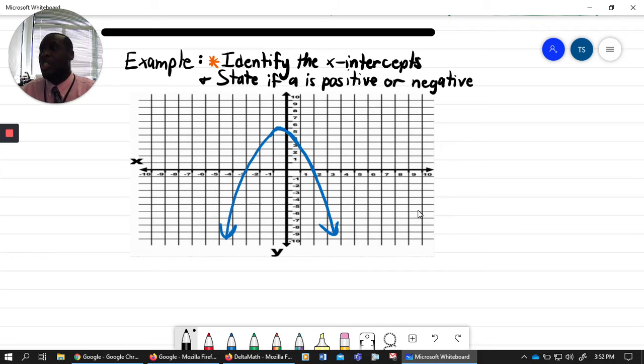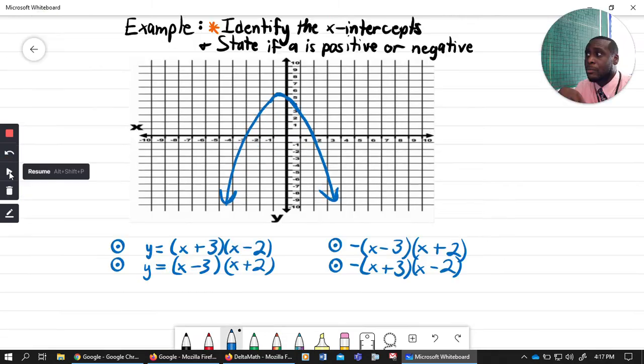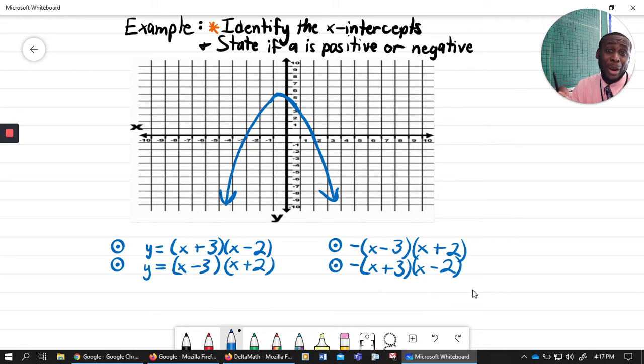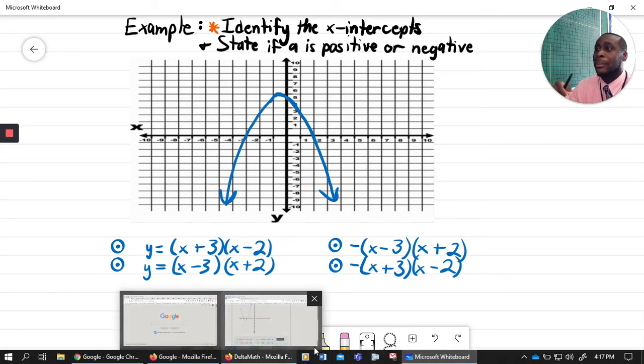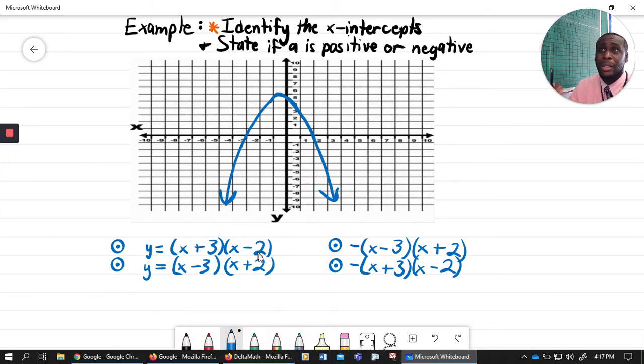All right, so let's do this. I've decided to give you multiple choice, just like that problem on Delta Math that I'm asking my students enrolled at our school to do. If you were going to select the equation that matches this graph best, notice this little orange asterisk.